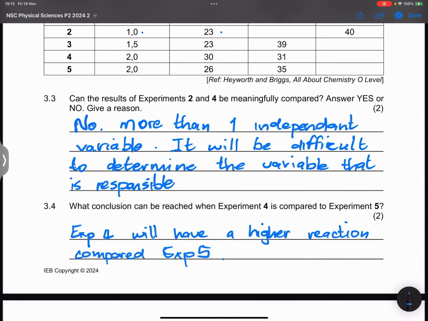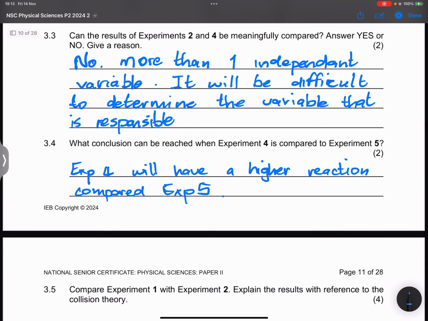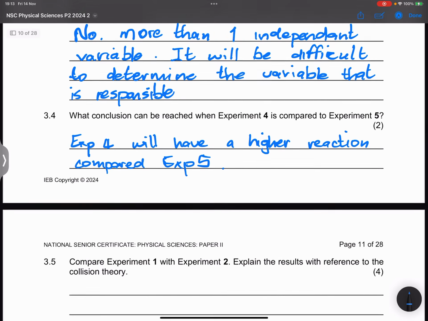They didn't ask us to compare or explain. They only asked us to determine what will happen to the reaction rate, or what conclusion can be made. Right, so 3.4.